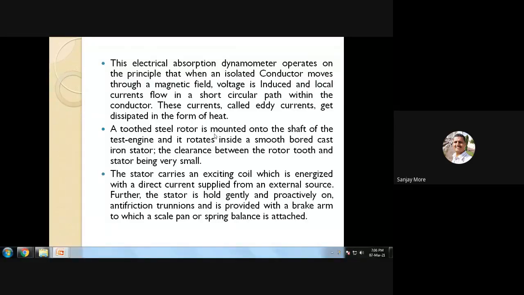Further, the stator is held gently and freely on anti-friction bearings and is provided with a brake arm to which a scale pan or spring balance is attached.